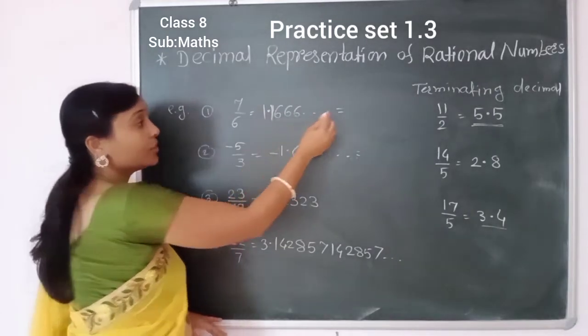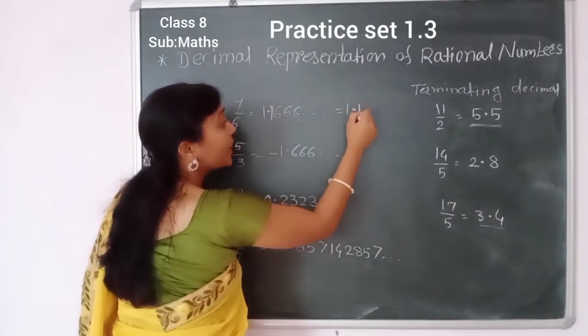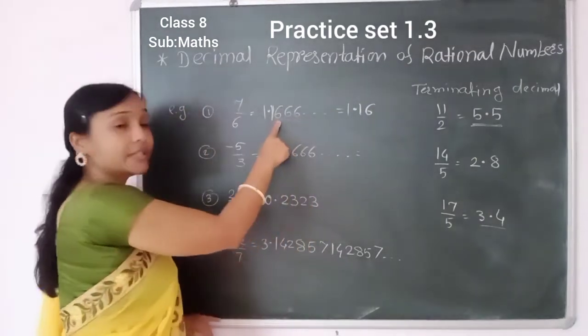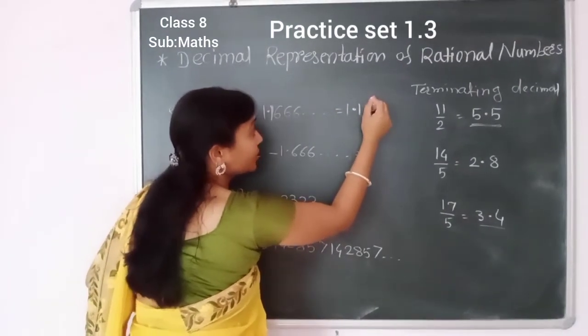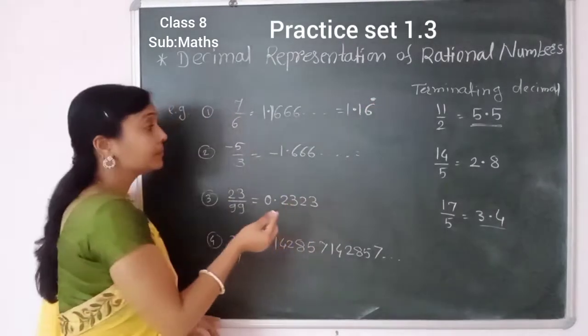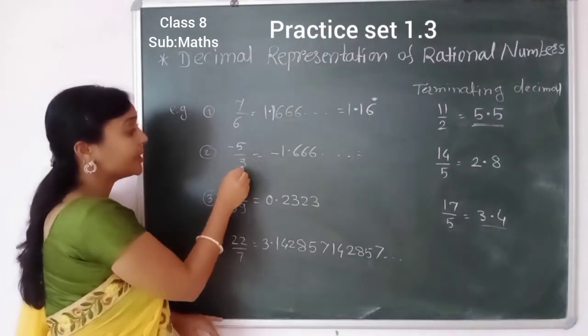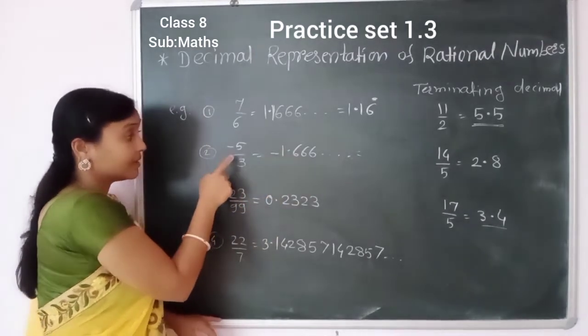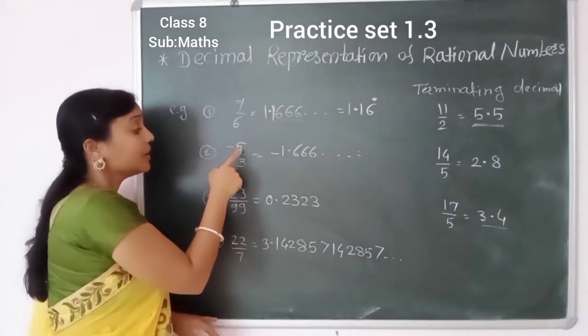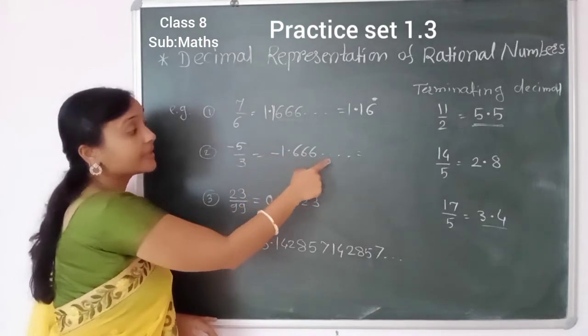So we can show 1.16, where only one digit is repeated. On the 6 we make a dot. It is called a bar. Minus 5 by 3 is equal to minus 1.666. When we make this division, we get the answer 1.666 and so on.